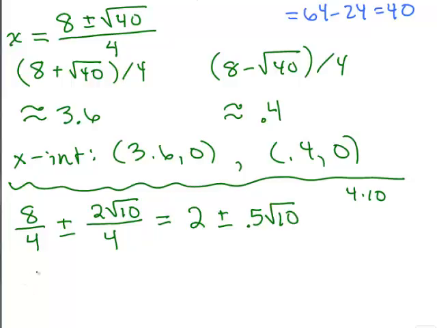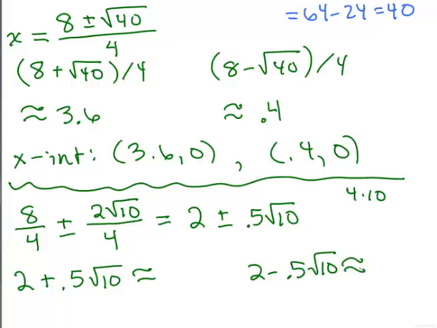If I put those in my calculator instead, 2 plus 0.5 square roots of 10, and 2 minus 0.5 square roots of 10, you'll notice you get exactly the same thing. This will be 3.6 and this will be 0.4. How you simplify it when you plug it into your calculator is up to you. But if we're rounding, you should get 3.60 for one x-intercept and 0.40 for the other.